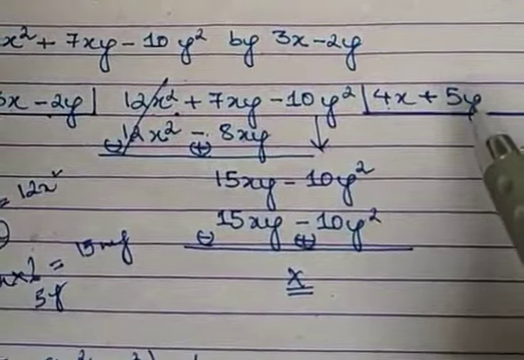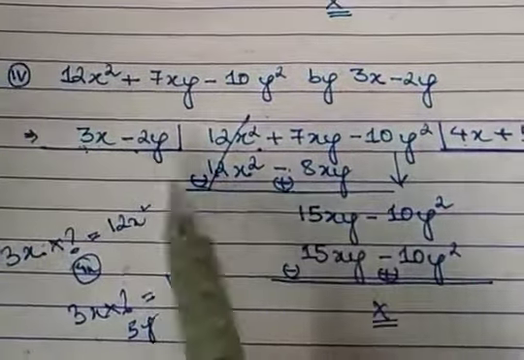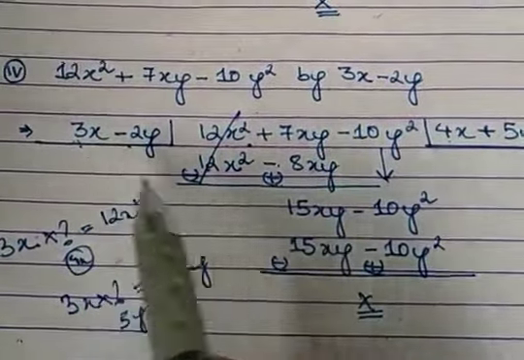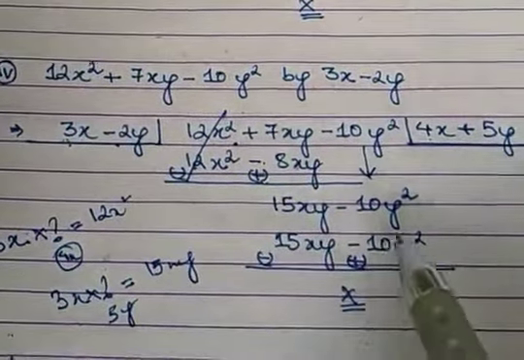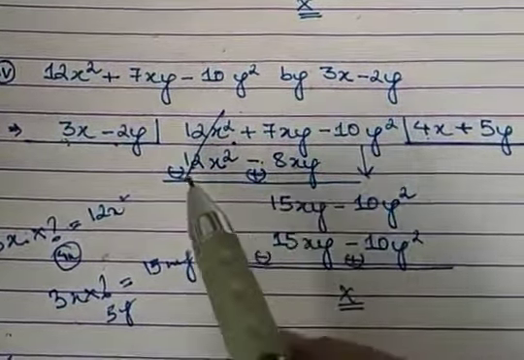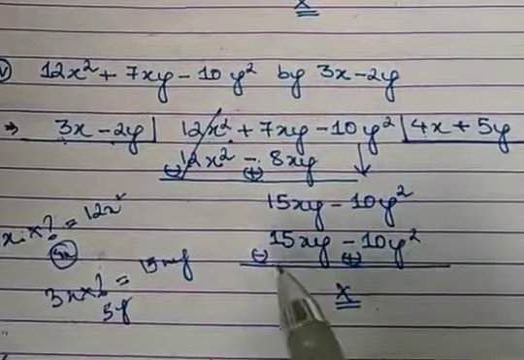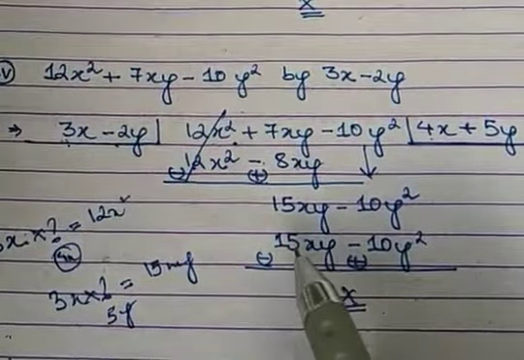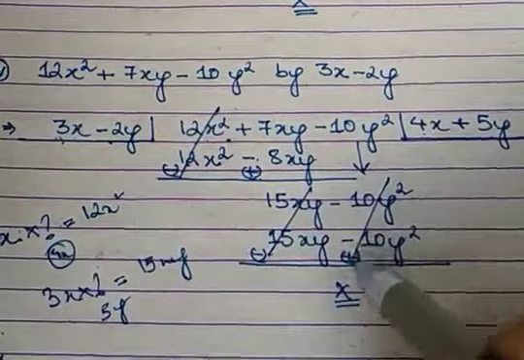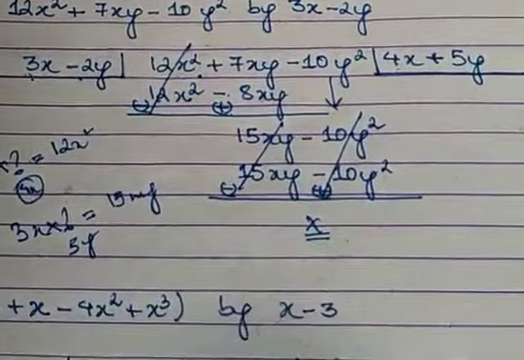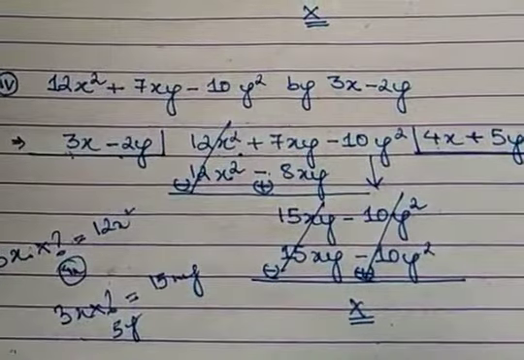The term will multiply both the terms, so plus 5y times plus 3x is plus 15xy. Plus into minus is minus 10, 5 twos are 10, y into y is y squared. The signs changed, plus converted to minus, minus to plus. Now we got same terms with opposite signs, they can be cancelled, so we are done here.